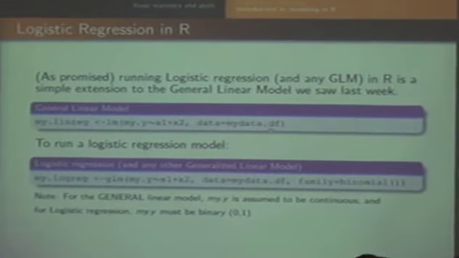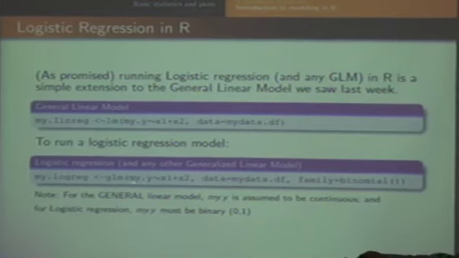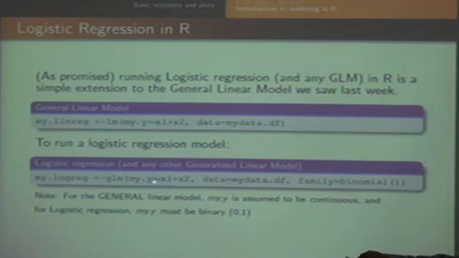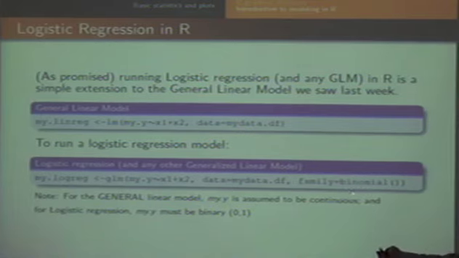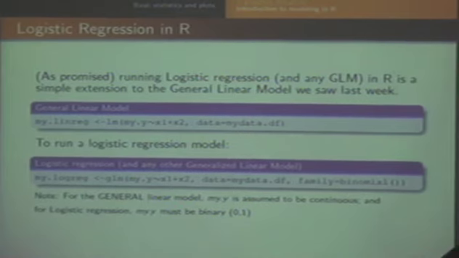For the logistic regression, notice we use the GLM. So it's not LM, it's generalized linear model. The formula looks exactly the same. The data statement looks exactly the same, but we have to tell it what type of outcome variable it is. By telling it that the y variable is binomial, I am telling it use logistic regression.